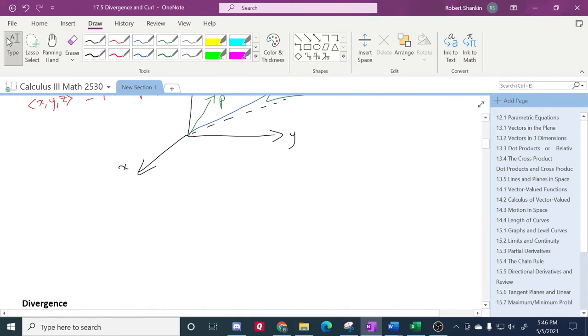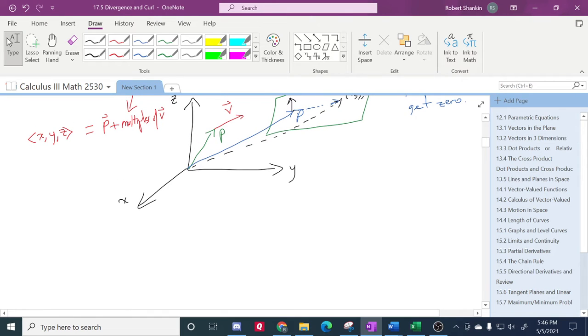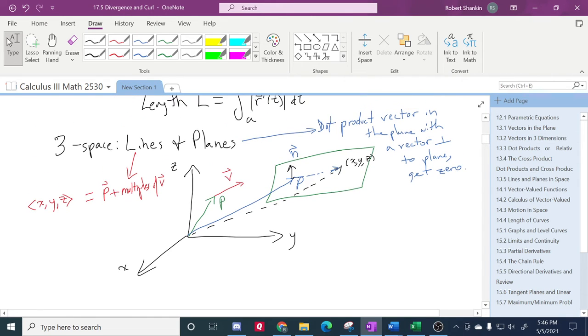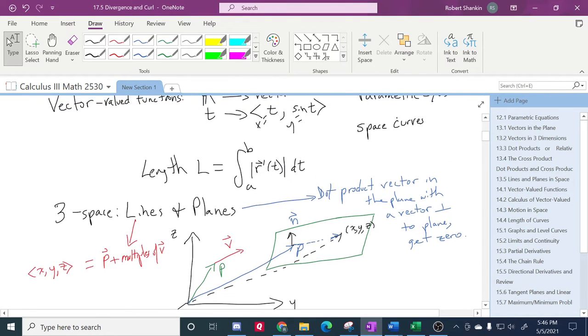All right, and anything else? Okay, and Rowan, you were saying the calculus of different vector stuff?